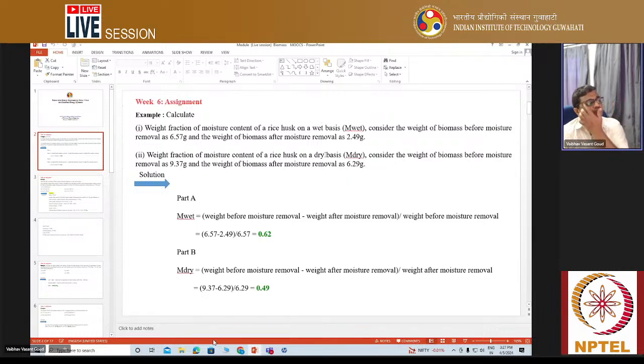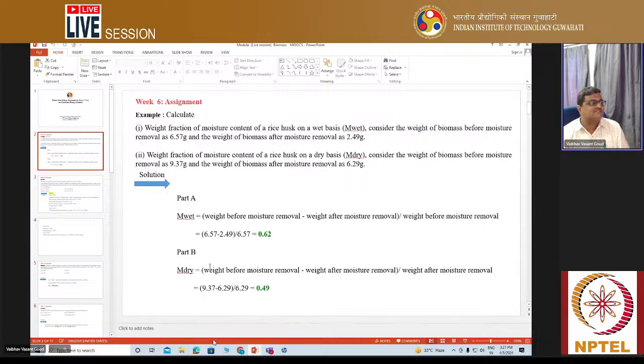For this, if you follow the initial lectures regarding the physical properties of the biomass material, how these properties affect the biomass conversion, and how they are important in defining the specific conversion process, then to calculate the moisture content on the weight basis, it is a very simple formula to be used. Then you can calculate the weight fraction, or the moisture content, on the weight basis.